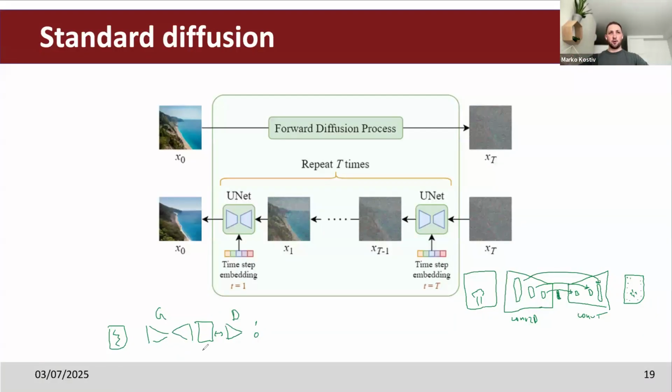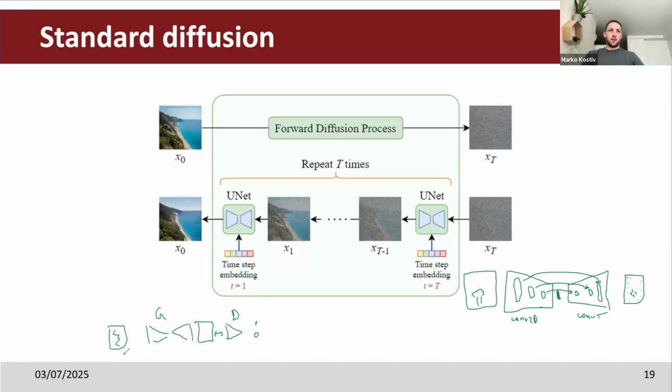With every epoch, it becomes better and better because the discriminator learns, the generator learns, and they compete with each other until the discriminator becomes too good or the generator becomes too good and it cannot guess anymore whether it was generated or not.